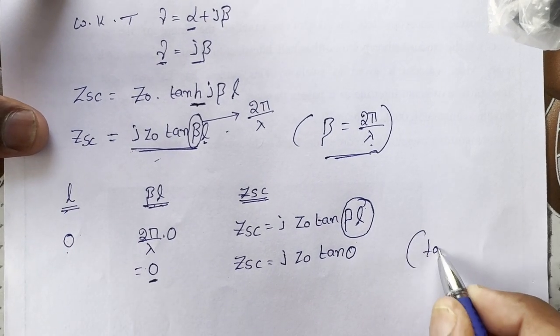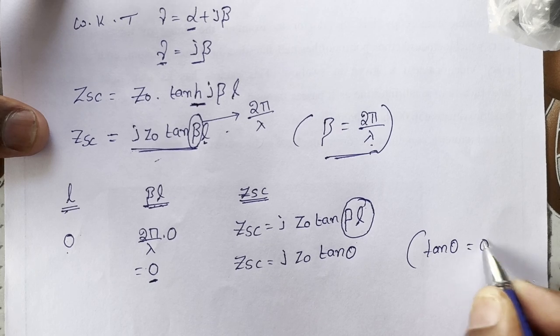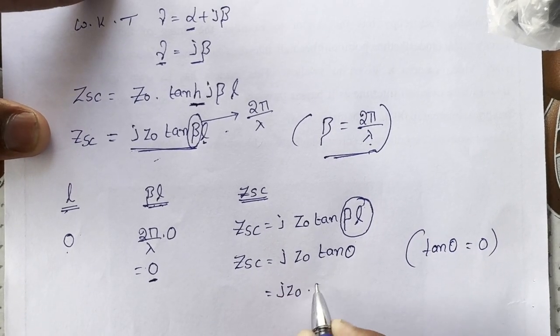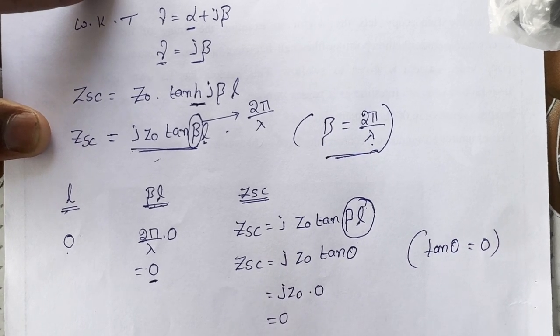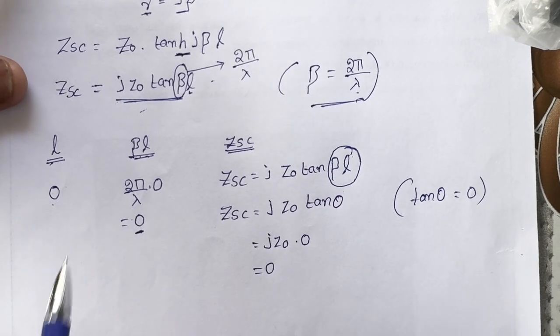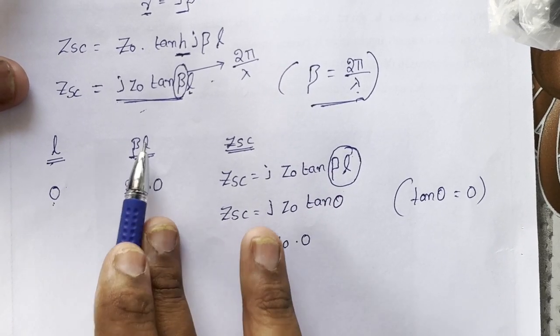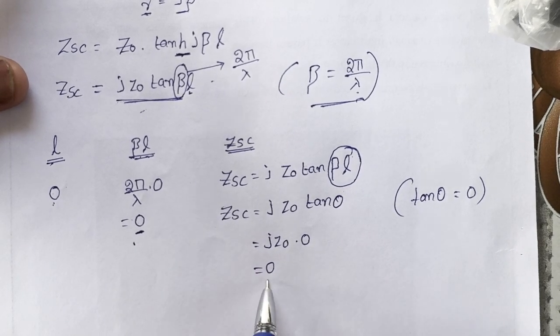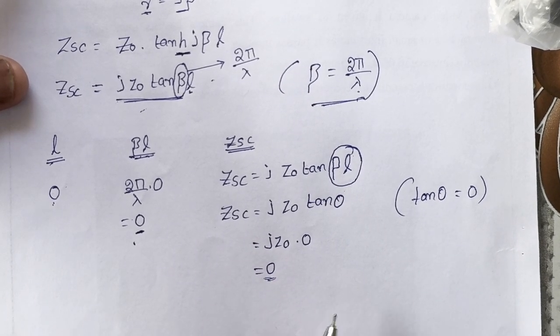We know that tan 0 value equal to 0. Then j Z0 into 0, that is, ZSC value will be 0. In the first case, at L equal to 0, beta L is equal to 0 and ZSC equal to 0. That is the first assumption.